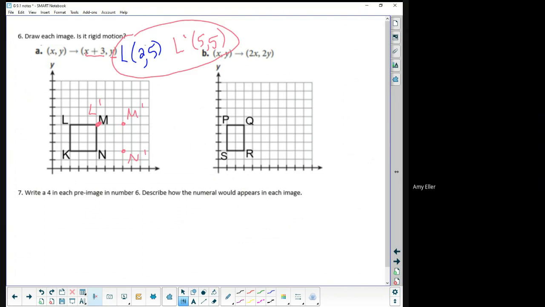And do it for your last point, K. I've changed all of the points in the same way. Does this appear to be rigid motion? Did I keep the same size and shape? Yes, it is rigid motion.